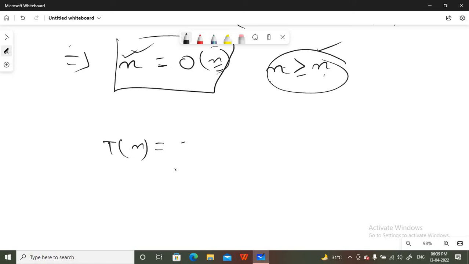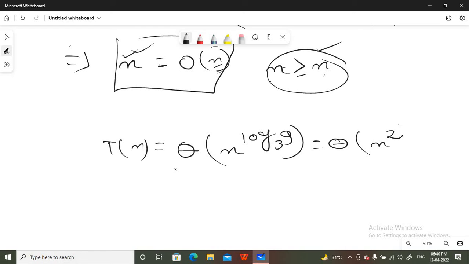Time complexity is theta of n to the power log of 9, equals theta of n to the power 2. This one should be our equation. This one should be our time complexity.